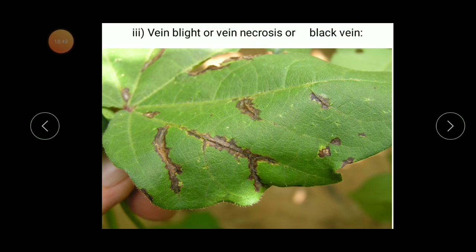The affected leaves become crinkled and twisted inwards and show withering. The infection also spreads from veins to petioles and causes blighting, leading to defoliation because of this symptom. So this was vein blight or vein necrosis.